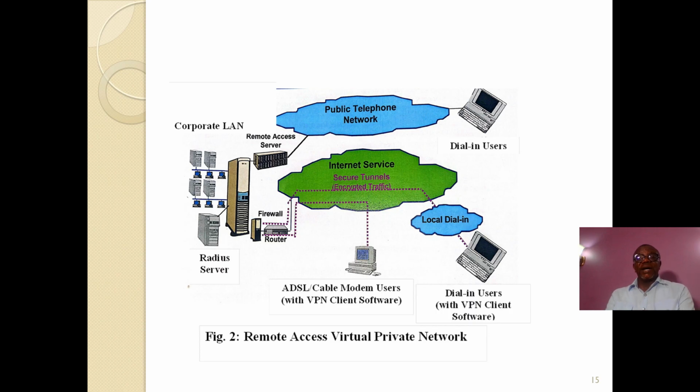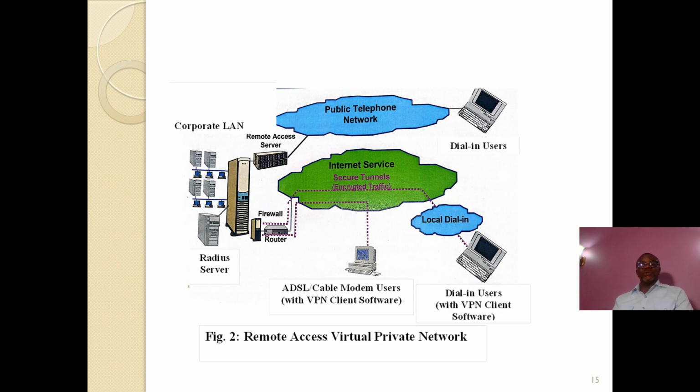We also have another user here, which we say could be an ADSL. When we say ADSL, we mean asymmetric digital subscriber loop. We have in our part 1 talked about the ADSL, or people that use cable modem. We talked of modem as those small things like flash you connect to your laptop to be able to access the internet.